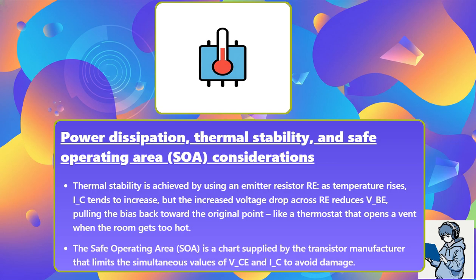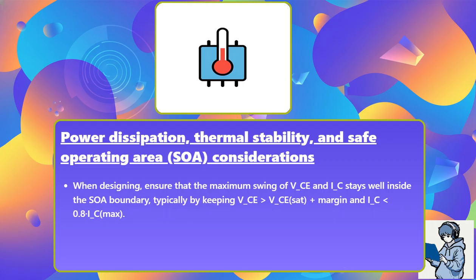The safe operating area, or SOA, is a chart supplied by the transistor manufacturer that limits the simultaneous values of VCE and IC to avoid damage. When designing, ensure that the maximum swing of VCE and IC stays well inside the SOA boundary, typically by keeping VCE greater than VCE saturation plus margin, and IC less than 0.8 times IC maximum.